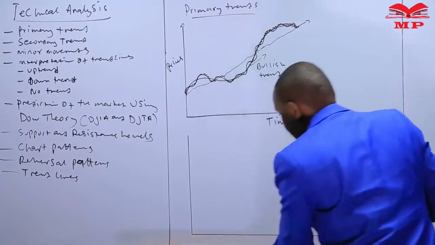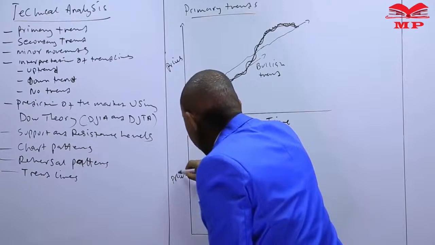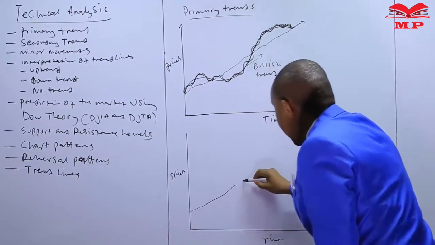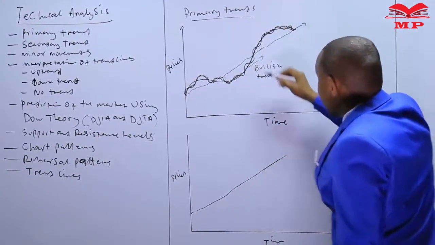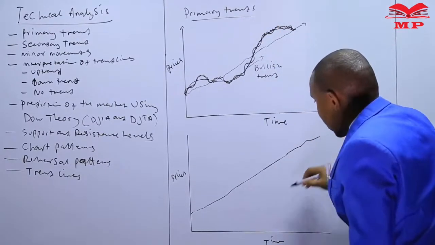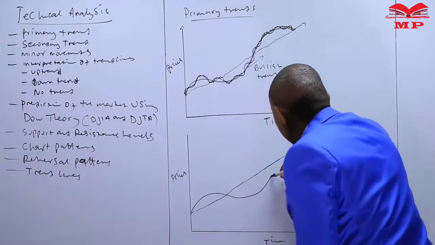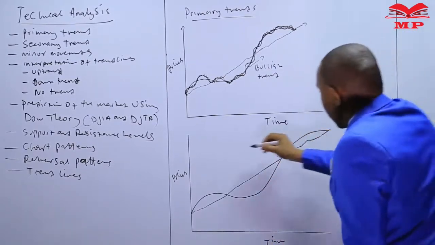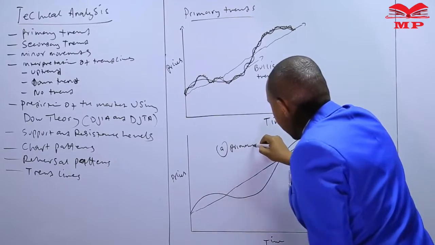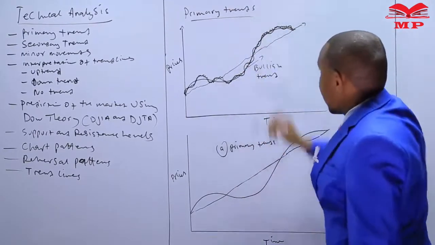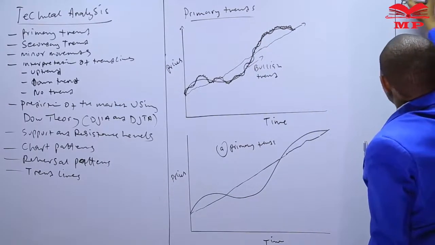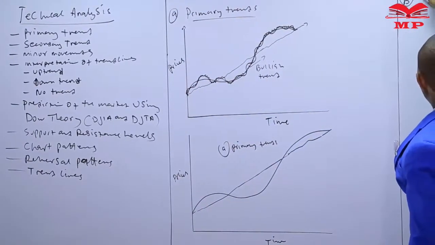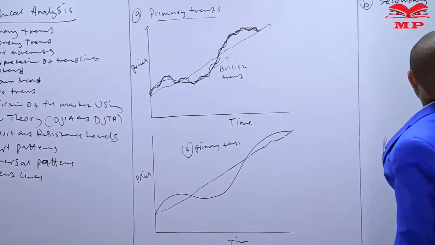Now, trying to explain the primary trend, this is still prices and here is time. We can explain the primary trend because that is the major topic we've talked about here. If the security price is moving like that, you can say that this represents primary trends. Say this is A, primary trends. Now this is B, secondary trends.